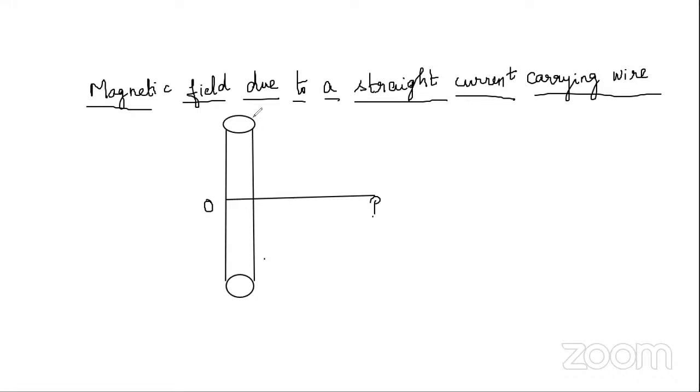And here I am considering a current element, a small current element in the entire wire. This is represented by dl. So dl is the small element in this entire wire.